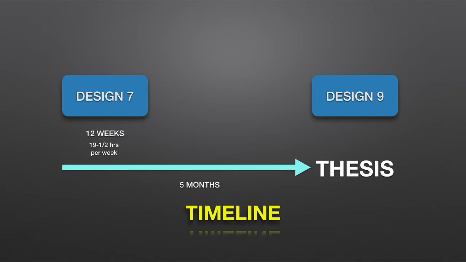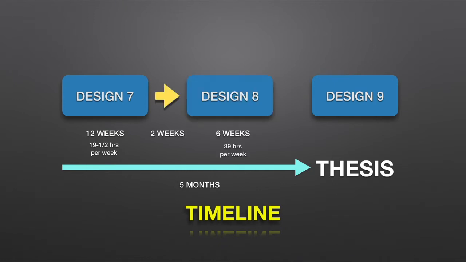This means 12 weeks of 19 and a half hours a week inside the classroom during this term, a 2-week break, and then a 6-week Design 8 where you will again spend 39 hours a week inside the classroom. You will still be able to have 2 weeks of break before starting thesis.